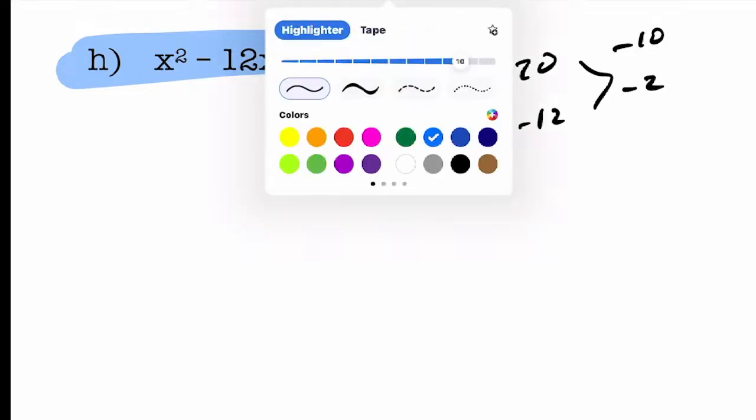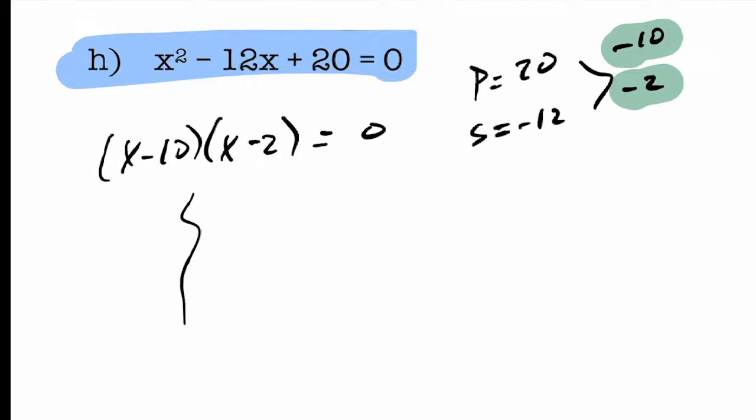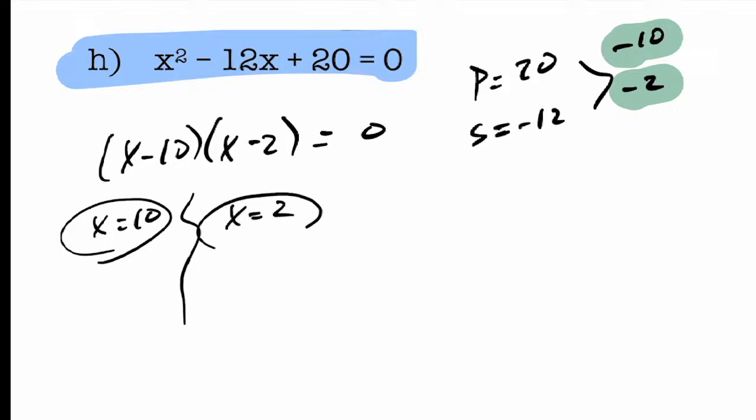Negative 10 times negative 2 is 20, and if I add them, I get negative 12. So this will factor into (x minus 10)(x minus 2) equals 0. So we've got your two answers. One root is 10, and the other root is 2. And that is it.